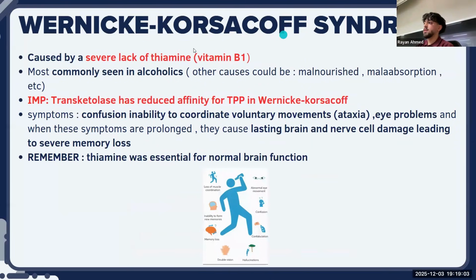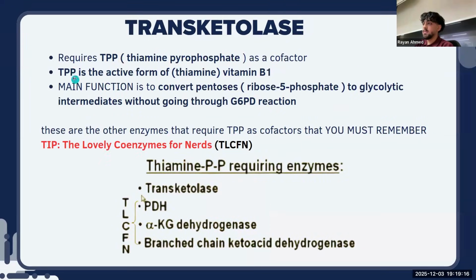This syndrome is very important. I'm pretty sure they're going to ask you a question about it. Wernicke-Korsakoff syndrome, caused by a severe lack of thiamine, vitamin B1, which was what? TPP. TPP is the active form of thiamine, vitamin B1. Without TPP, transketolase cannot function. Transketolase requires TPP.